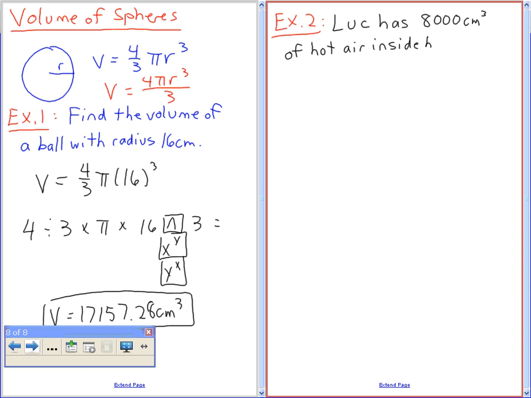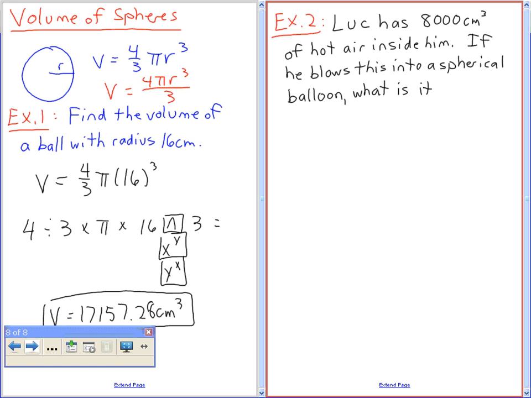Next one, Boots on Hill. Can we do one more? If he blows this into Yeah, if he blows this into a spherical balloon, That's a lot of hot air. I wasn't gonna say it. Depends where the hot air is. Okay, guys, don't go there, please. Whoa. That'd be. Okay.